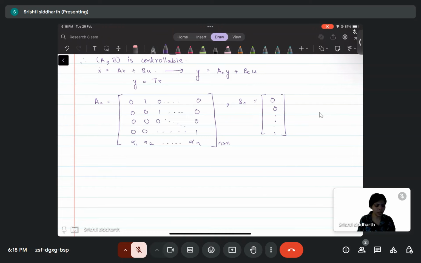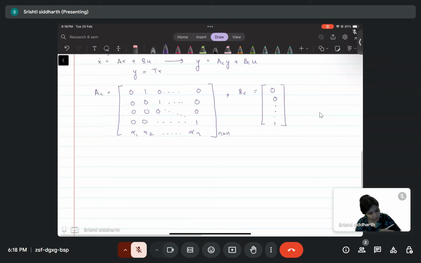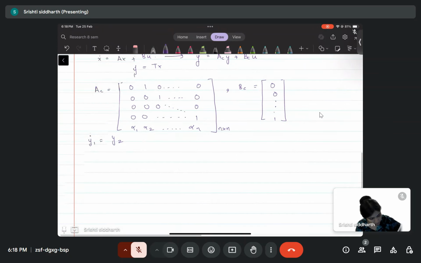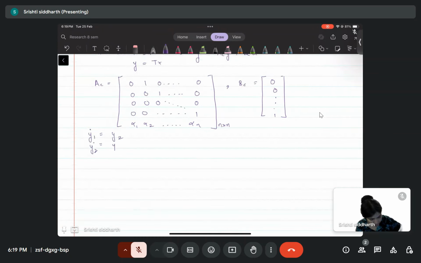Okay, so what's so special about this form? So, for example, let's see. y1 dot is simply y2. y2 dot is simply y3. And so on. y(n minus 1) dot is yn.